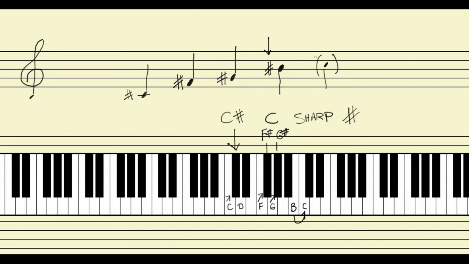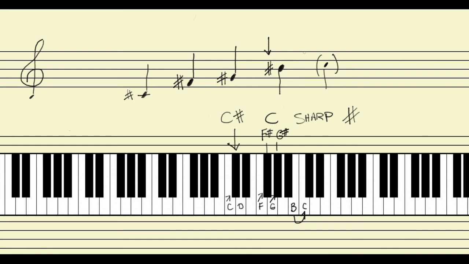But we're going to call it a B sharp. And you may think that's ridiculous. Why don't we just write a C? The reason is there are some really good and compelling reasons to do that. Sometimes we'll want to avoid it, but sometimes writing a B sharp when we want to play the note C is actually a really useful thing.